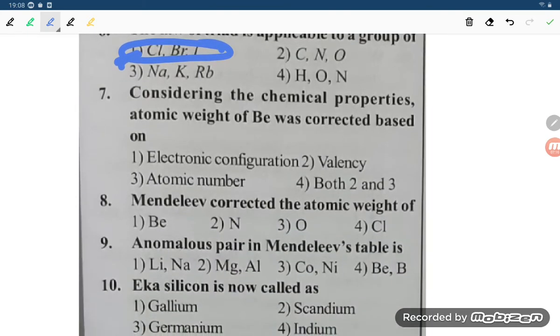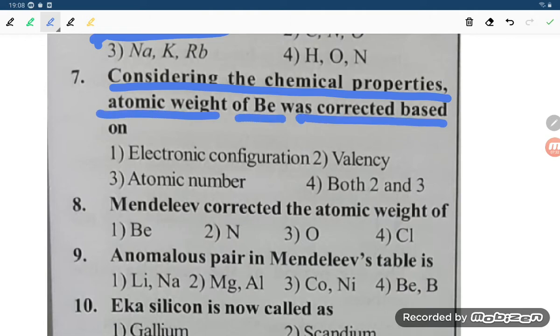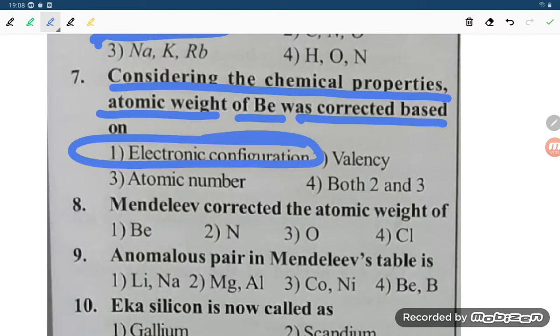Considering the chemical properties, the atomic weight of beryllium was corrected based on what? The electronic configuration, students.